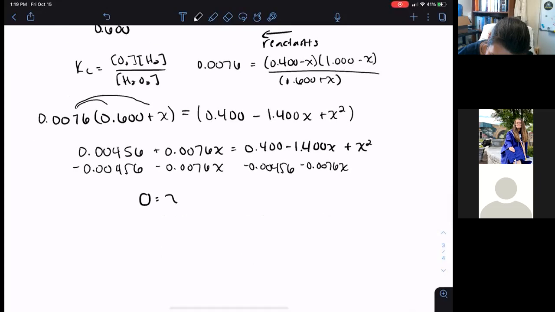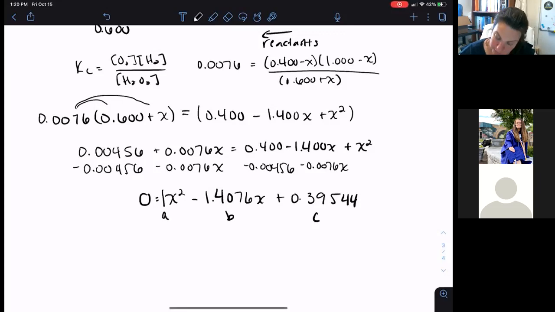And on the right side, we get x squared minus 1.4076x plus 0.39544. So this is a 1 for our A, then that's our B and our C.